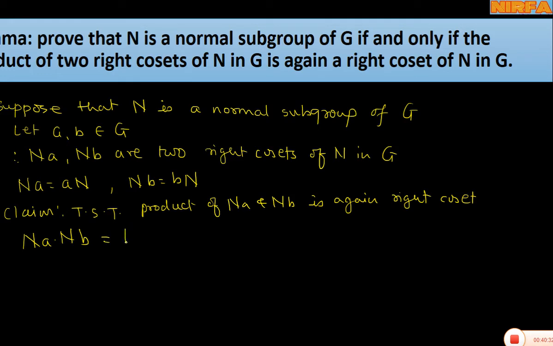Now I'll write this as N A N, and I'll put a bracket here. You must know why I'm putting the bracket here: because N is a normal subgroup, and A, B are elements from G. G is a group, therefore we can enjoy the property of the associative law. So we can write this by the associative law.